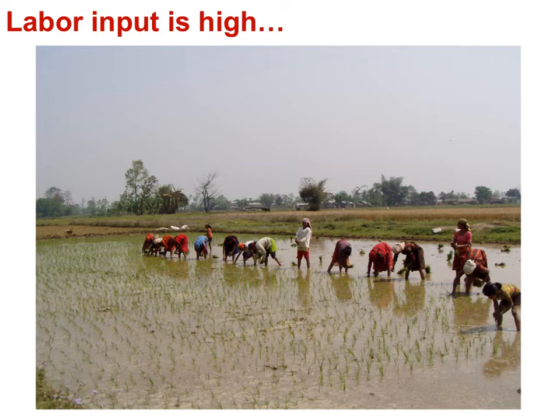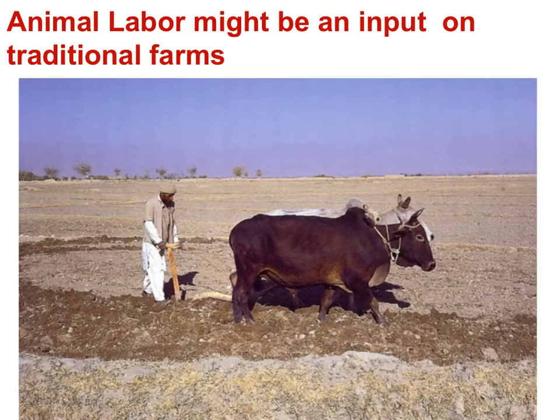Thus, traditional farms require a high input of physical labor, but also result in less pollution because there are fewer vehicles working the land. Animal labor might also be an input on the traditional farm, less so on the industrial farm.